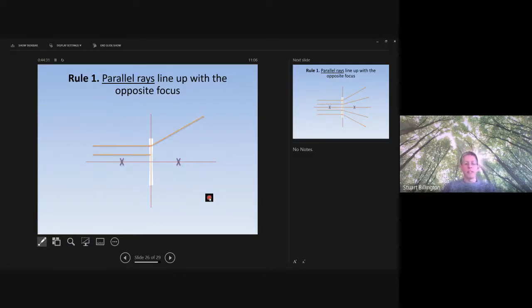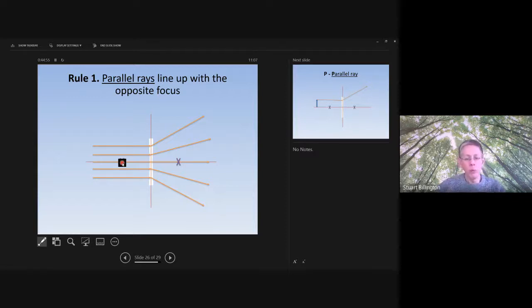It's the same rule. Parallel rays of light are associated with the focus, but this time, rather than passing through this focus, the rule is that parallel rays of light appear to have come from this focal point.